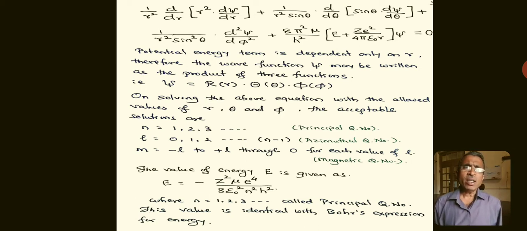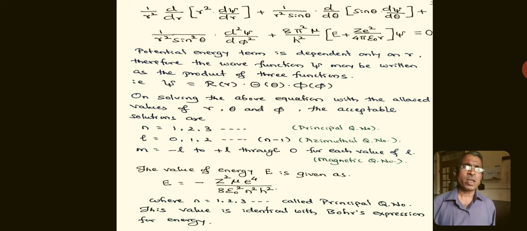On solving the above equation with the allowed values of r, theta and phi, the acceptable solutions are n equal to 1, 2, 3, L equal to 0, 1, 2 up to n minus 1, and m equal to minus L to plus L through 0.